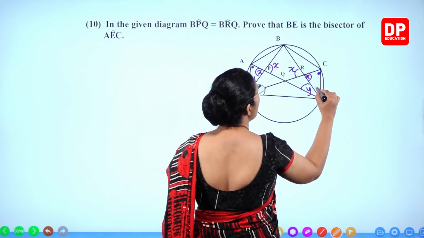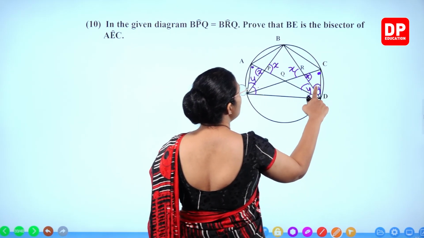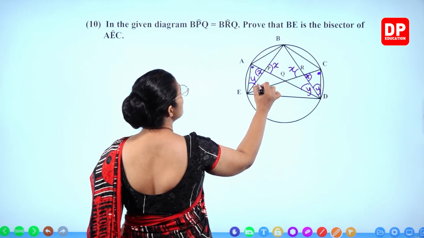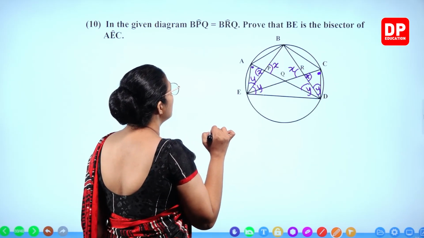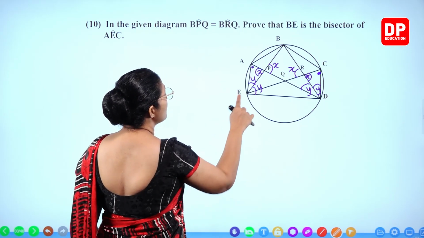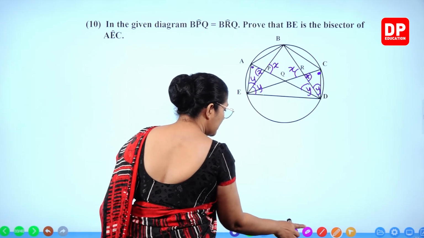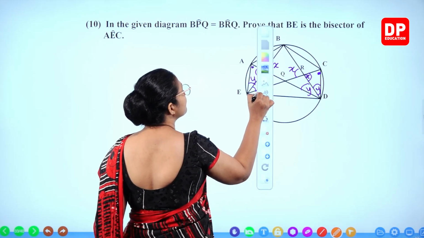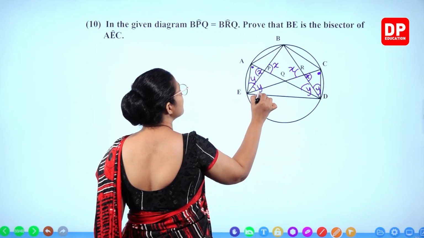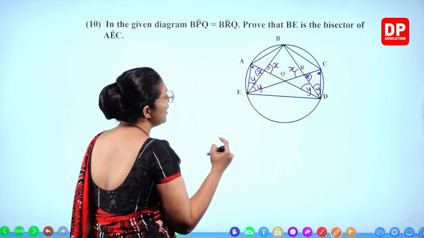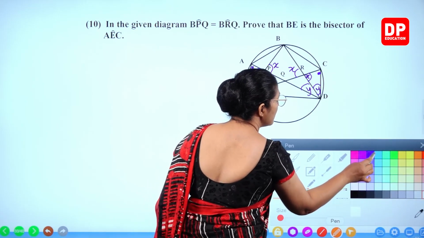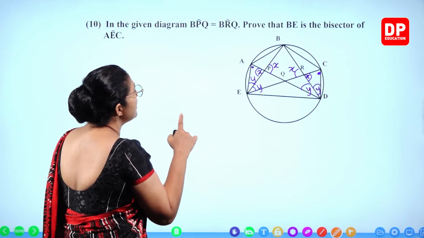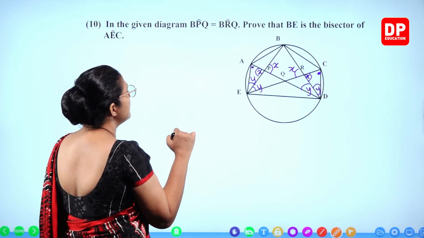So this should be Y. If this is Y, here and here, this should be Y. Yeah, so here you have to show that this angle, not this angle, this one and this one are equal. So you can see that both are equal, because BE is the line that bisects the angle AEC.